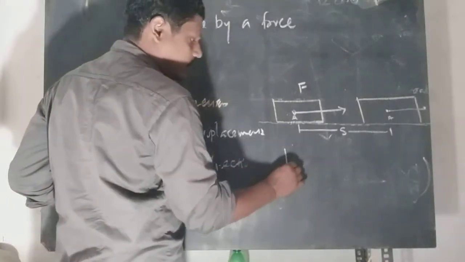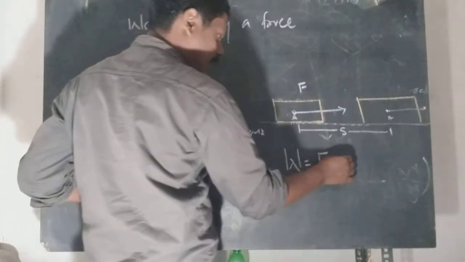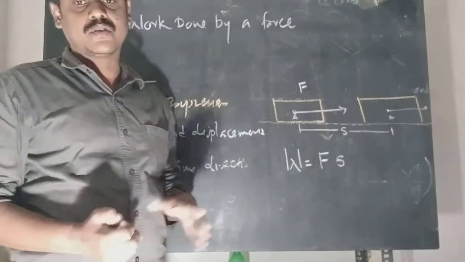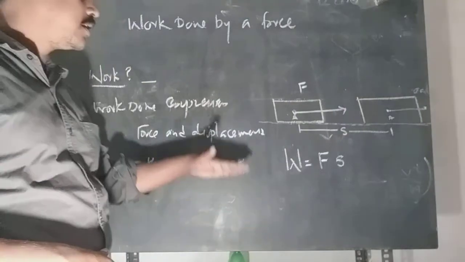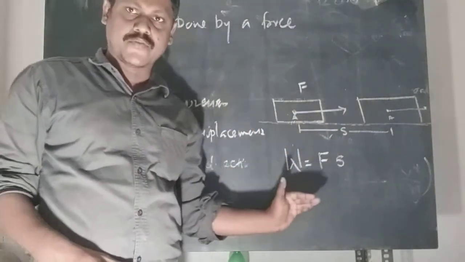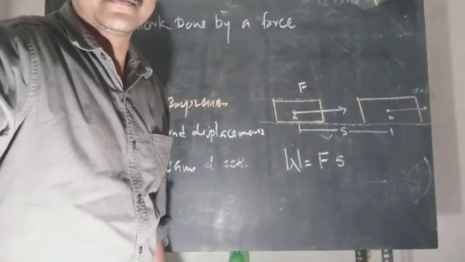So the work done is equal to the magnitude of force into displacement in the direction of that force applied. So if the force and displacement are in the same direction, work done will be equal to the product of magnitude of force and the displacement in the direction of that force applied.